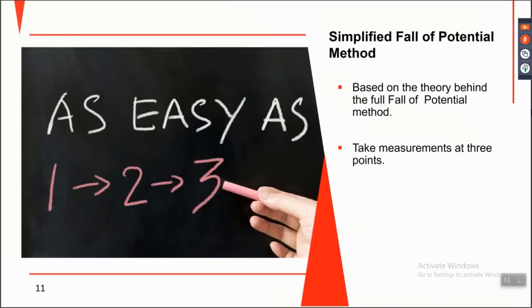Okay. That is the first method, fall of potential, and the second method is simplified fall of potential. It is almost the same, but we try to reduce testing time.